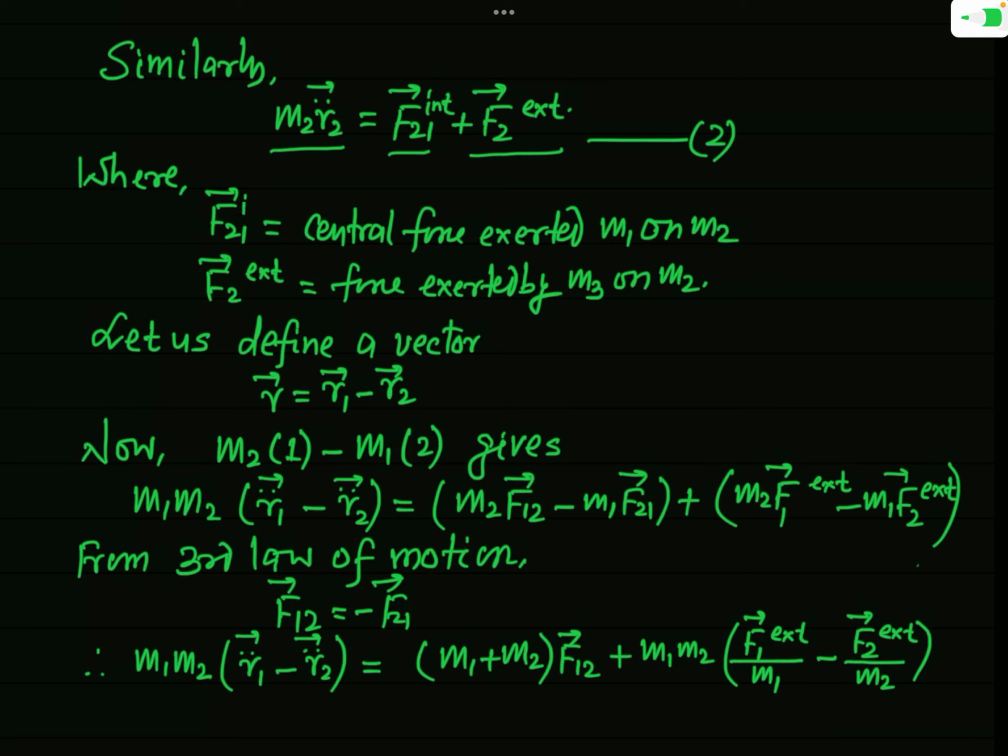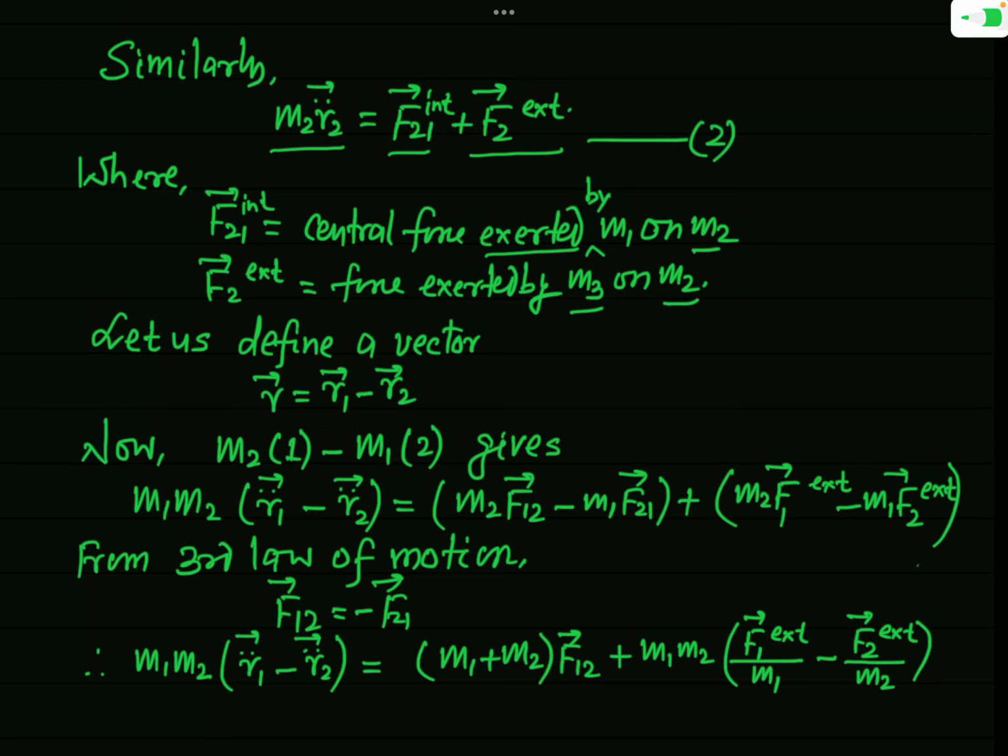So again write it here. As you know, this F21 internal is the central force exerted by M1 on M2. And F2 external is the force exerted by M3 on M2.